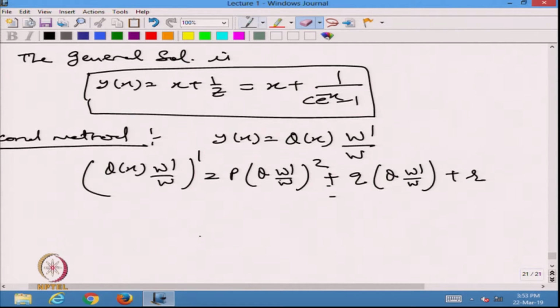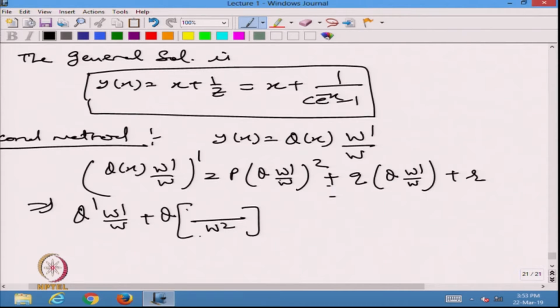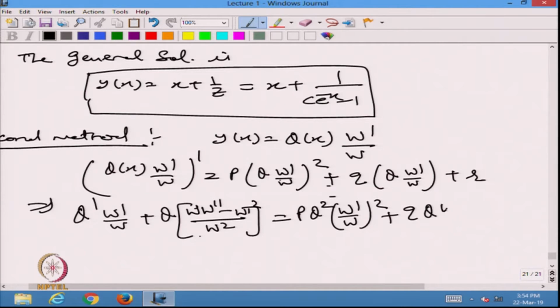On the left side I get Q' w'/w + Q (w w'' − w'²)/w², and on the right hand side I get the same factor: P Q² (w'/w)² + Q (w'/w) + r.